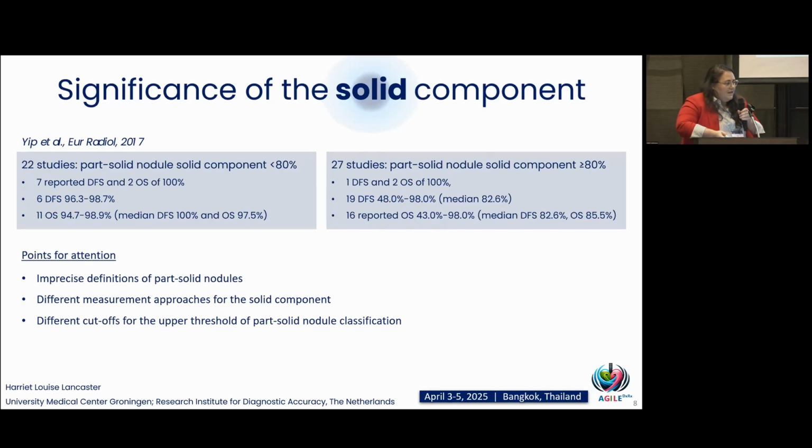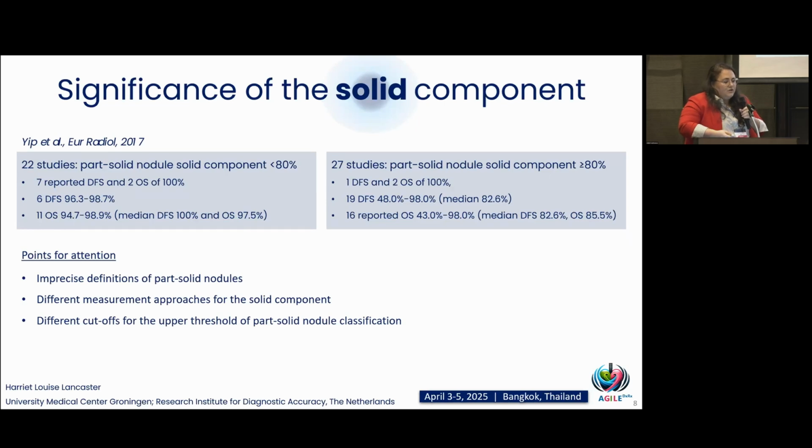What you see is that there are quite imprecise definitions of part solid nodules. When measuring the solid component and determining whether a nodule is part solid or not, different measurement approaches are used. Some use the solid component divided by the whole volume. Some use different window settings of the CT scan.